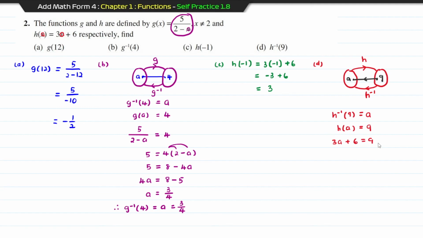To solve this, move this plus 6 to the other side. So 3a equal to 9 minus 6, so a equal to... this gives you the answer of 3. Then move this 3 to the other side, you're going to divide by 3. So finally you have the answer of 1. From the first part here, the inverse of h of 9 is equal to a, and from here we already found that a is equal to 1. So the answer will be 1.